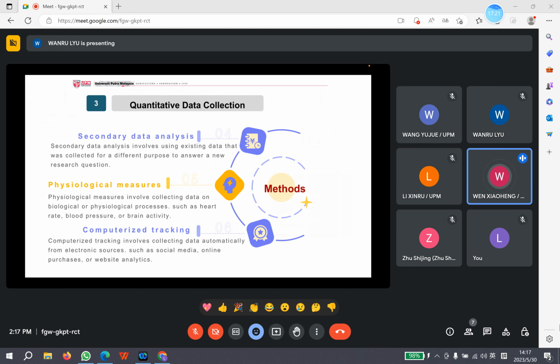It involves collecting data on biological or physiological processes, such as heart rate, blood pressure, or brain activity. And the last method is computerized tracking. It involves collecting data automatically from electronic sources, such as social media, online purchases, or website analysis.